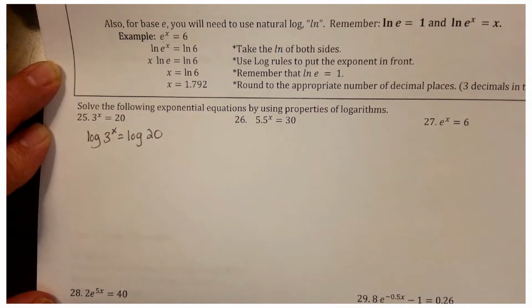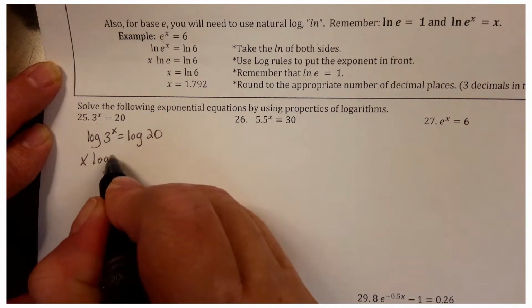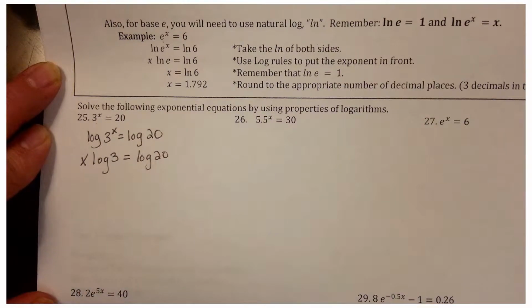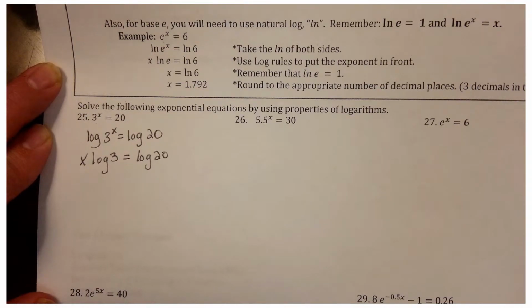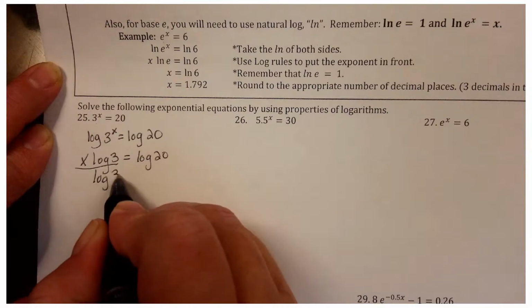The next thing we're going to do is use the properties of logarithms and the power rule to move that x to the front. So this would be x log 3 equals log of 20. Then we remember that log of 3 is really just a number, and we have a number times x. So if we're trying to solve for x, we're going to divide by that number on both sides.